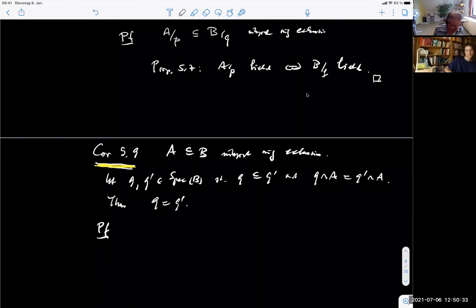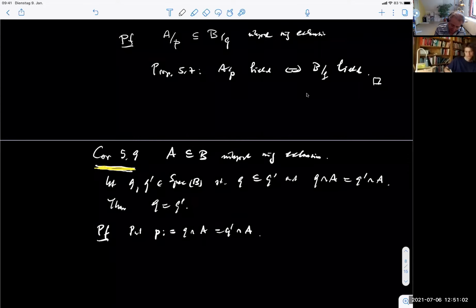This is a nice application of this principle. We are going to reduce this statement to what we have shown just before. And the way we can do it is by using the method of localization. So let's say P is this common contraction. I just give it a name.